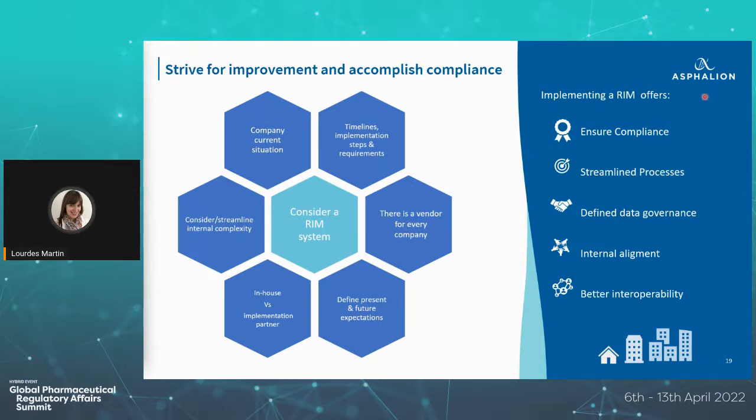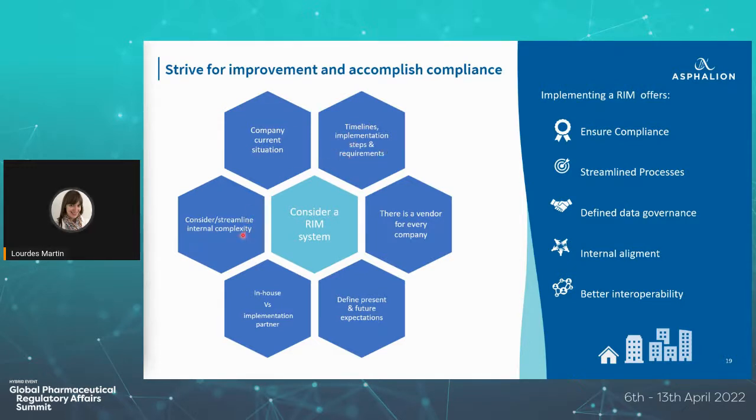There are many benefits of implementing a RIM system: ensuring compliance, having streamlined processes, defined data governance, having internal alignment, and a better interoperability within the company. And of course, you have to consider the company situation, the timeline, implementation steps and requirements.